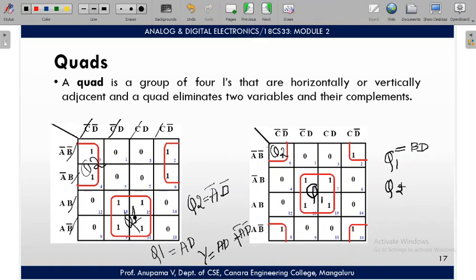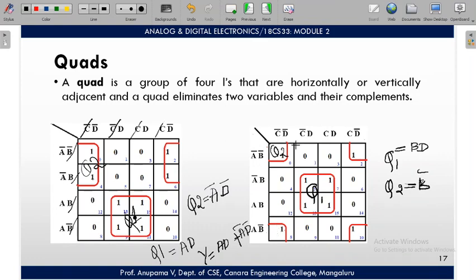Let us see what term we are going to get from the second quad. If I go to the respective row, A changes its form from A bar to A, so it is eliminated. B bar remains. Write B bar. Now go to the respective column.